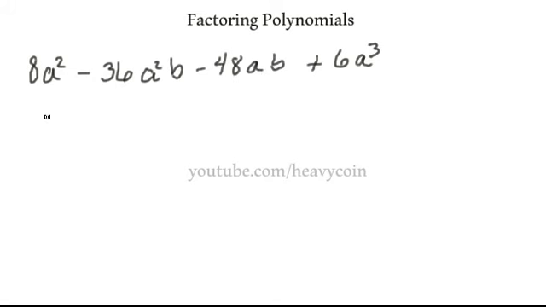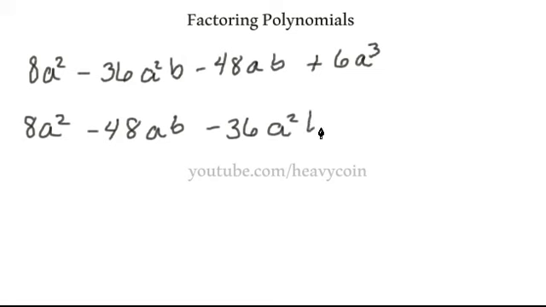Okay, so we have 8a squared minus 48ab minus 36a squared b plus 6a cubed.